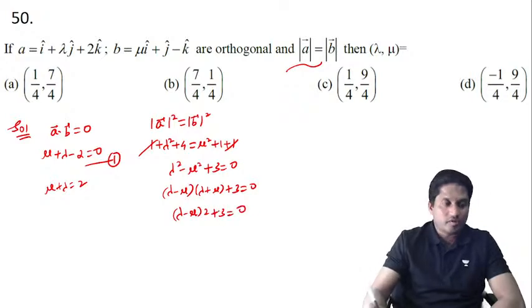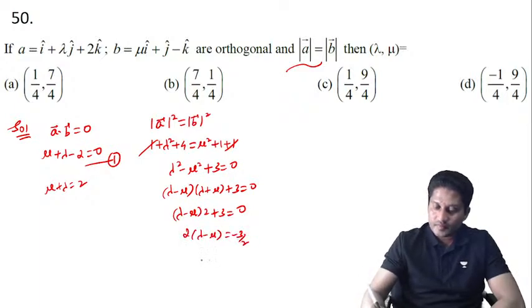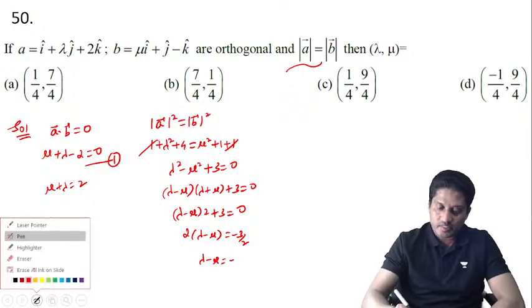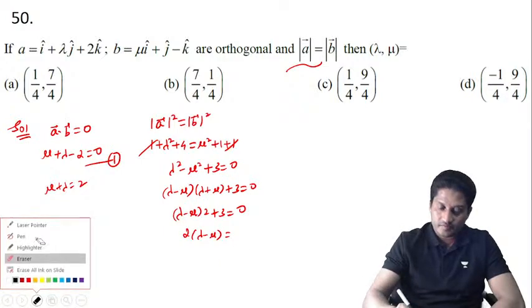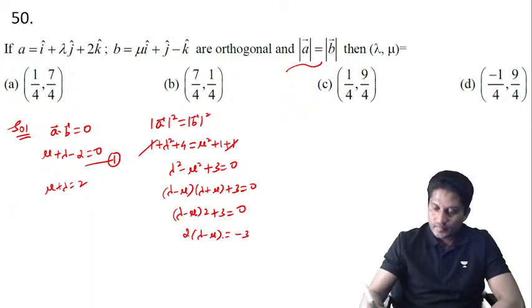You will get lambda minus mu is equal to minus 3 by 2.